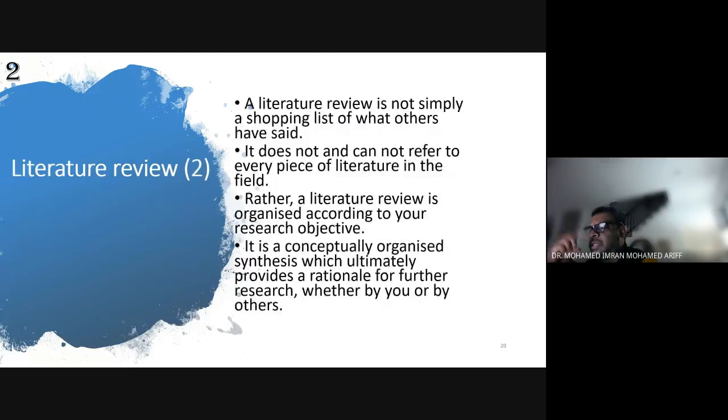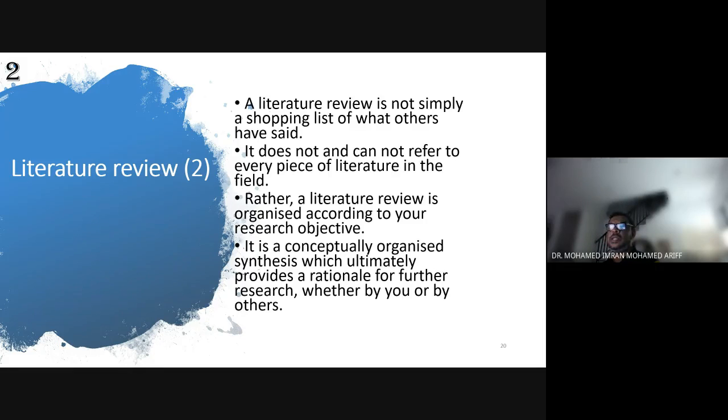Research question, research literature review. Literature review is not simply a shopping list of what others have said. No, it's just not a shopping list. Oh, orang ni kata macam ni, Azrul kata macam ni, Mimi kata macam ni. Oh tidak, it's just not a shopping list. You cannot write a literature review paper and say Ali cakap macam ni, Abu cakap macam ni, tetapi Ahmad cakap macam ni.